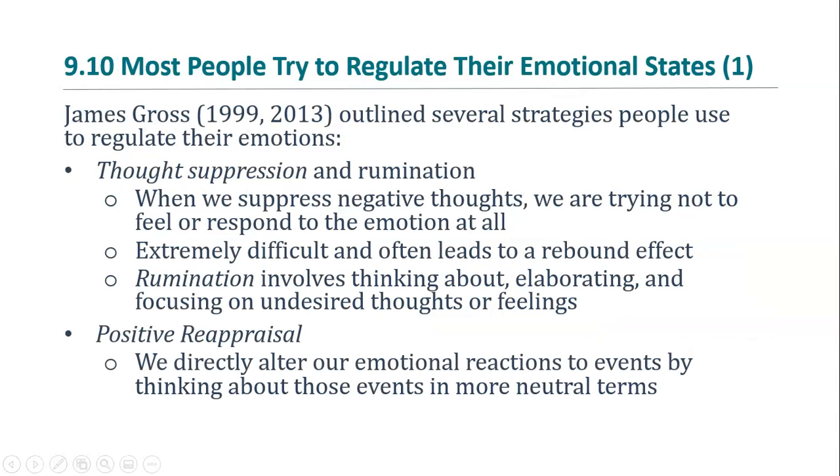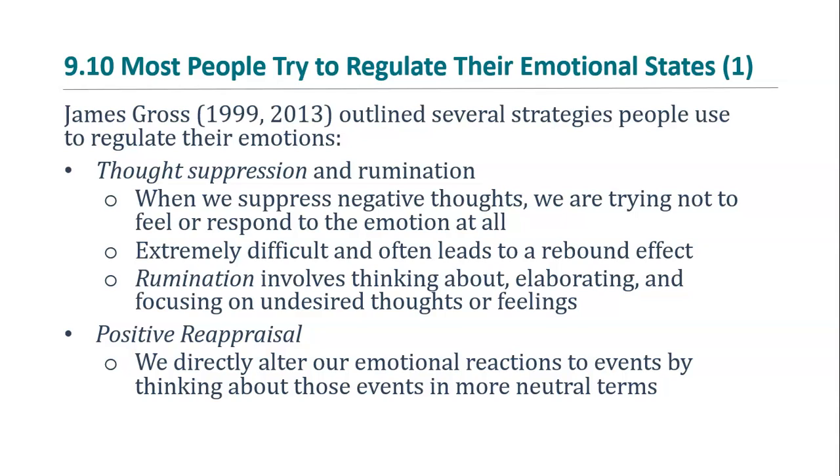So what do we do to try to deal with our emotional states? There are a couple of things that people try. One is don't think about it, thought suppression. Which works great in the short term, but terrible in the long term, because eventually you get a rebound effect. Rumination is just thinking about it, thinking about it, thinking about it.